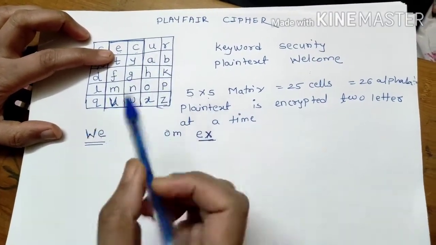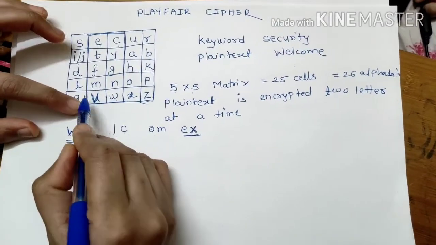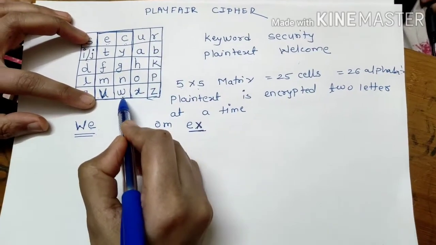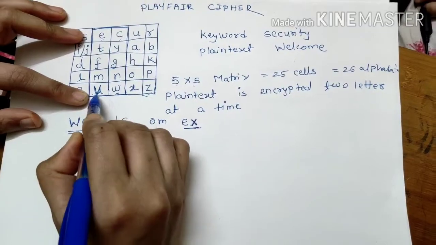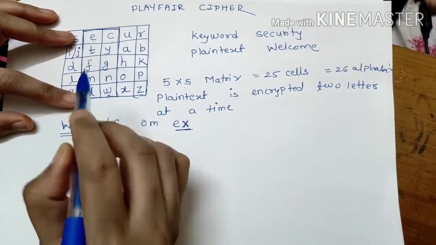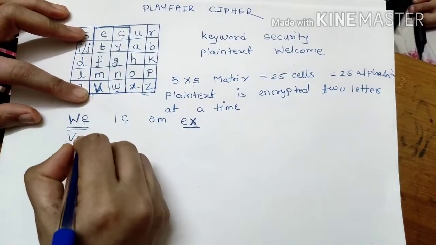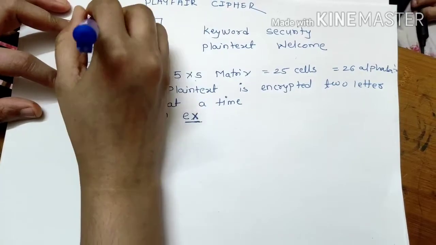So E will be replaced with C and W will be replaced with V. You have to see only this rectangular box.